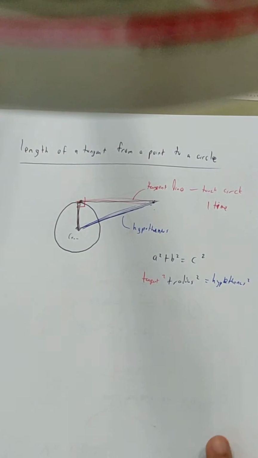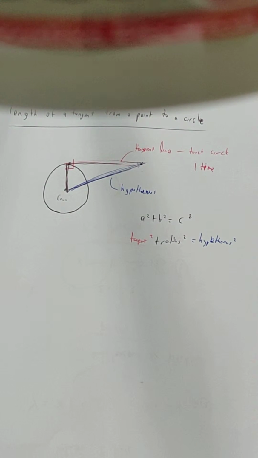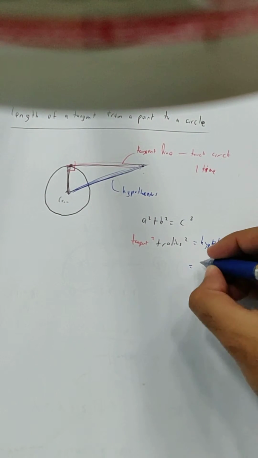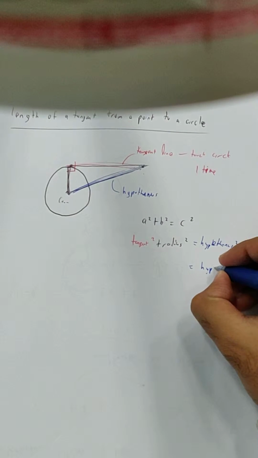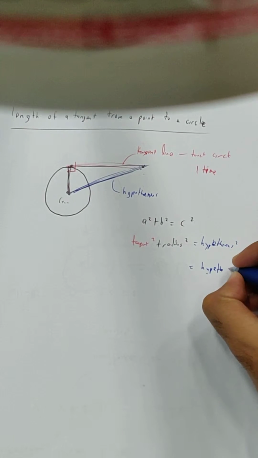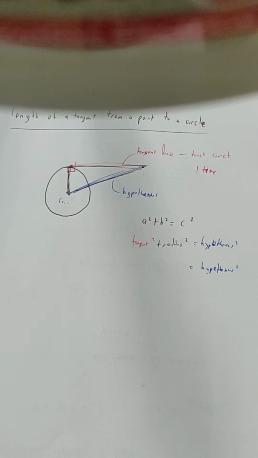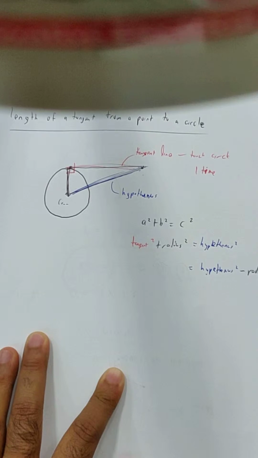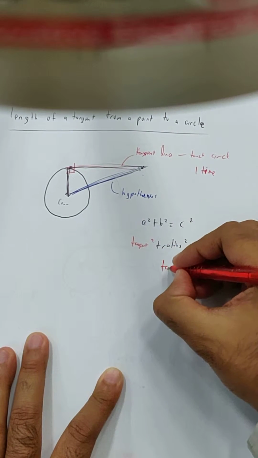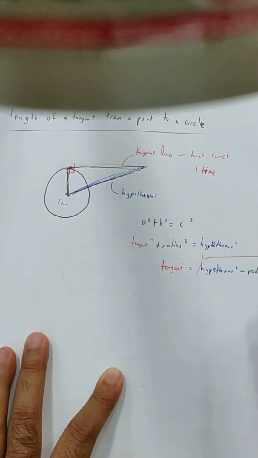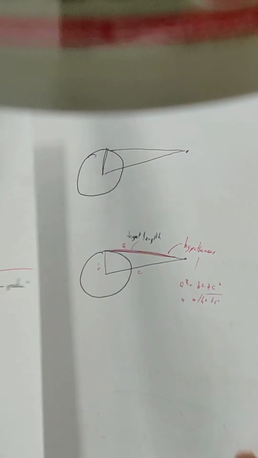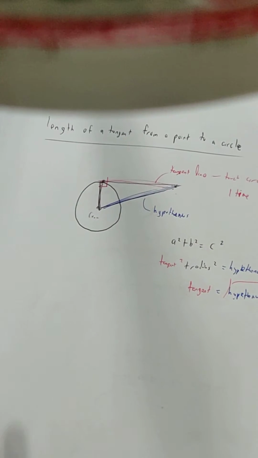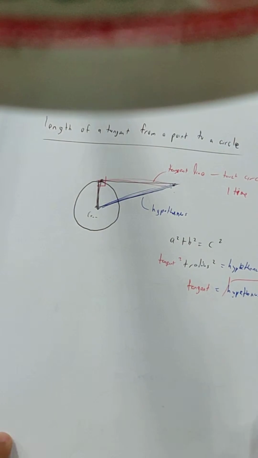Okay, I'm not sure about my spelling of hypotenuse. So for us to get the tangent squared is to minus. Yes, you are right. So if you do plus like what we did just now, then most likely you get the wrong answer. Be careful with that. A tangent line is this.